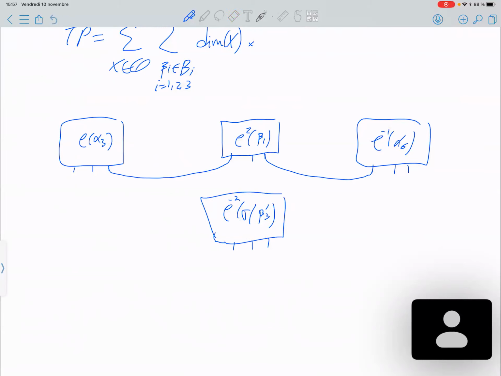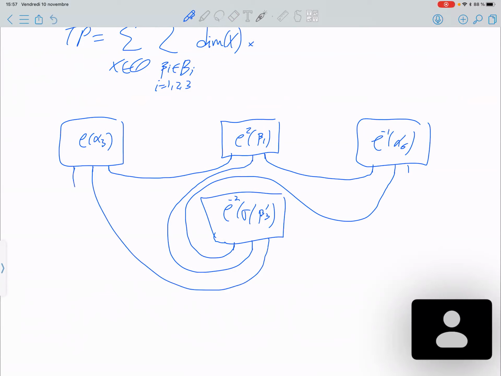So here, here. You see now I am drawing very quickly.